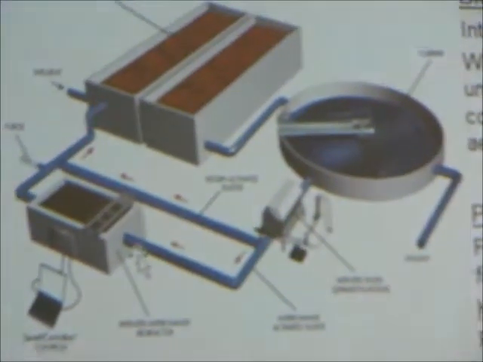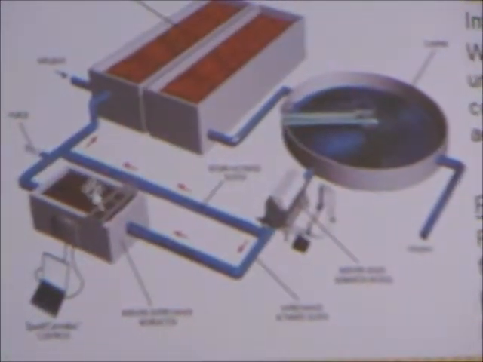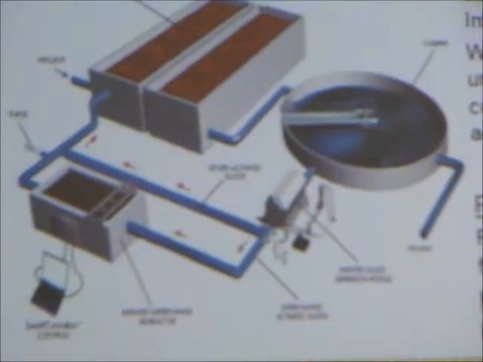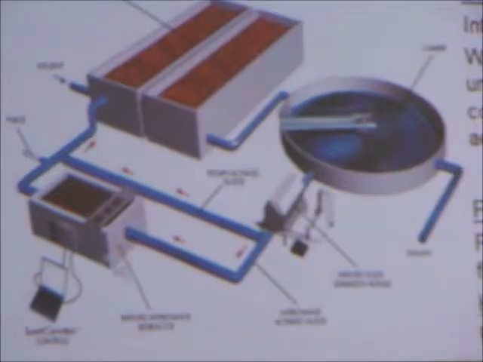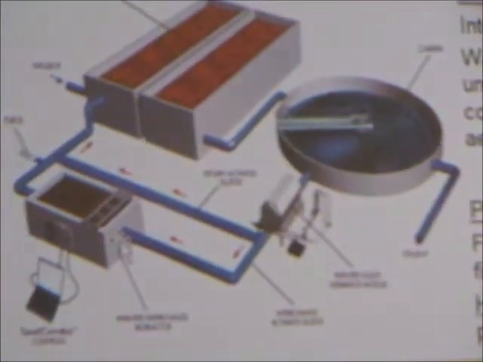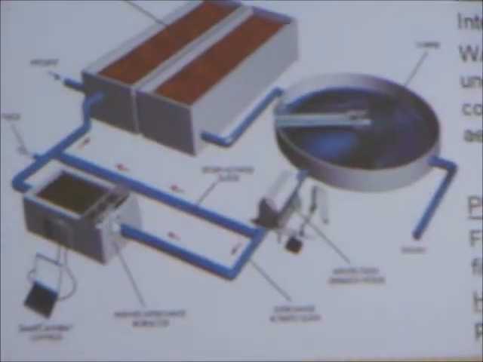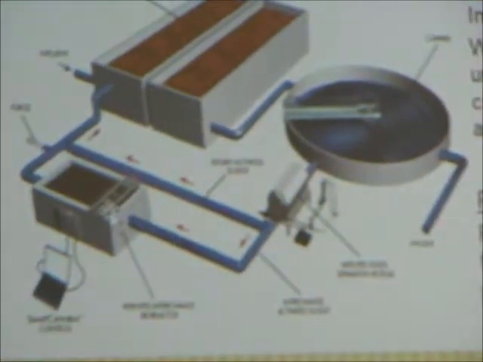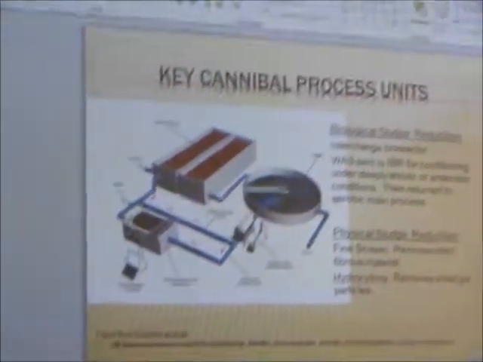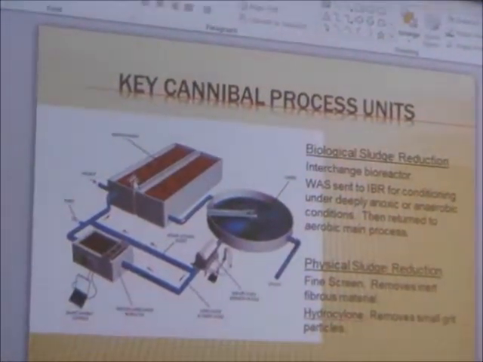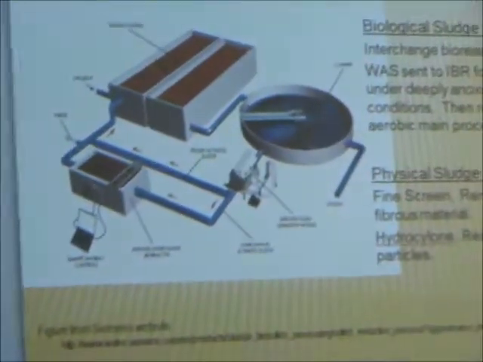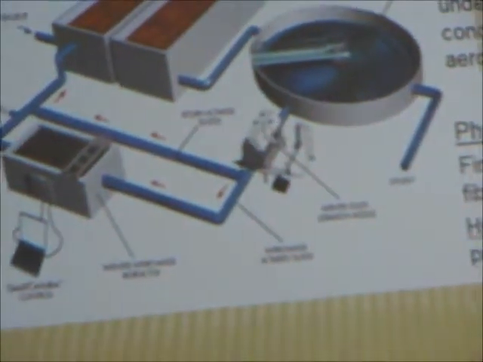It's like an anaerobic side stream, and on a daily basis you're feeding this IBR, this interchange bioreactor, and then you're pushing it back into your aeration system. So the hope being that for the duration it's in here, you get some of that breakdown. Some of those cells will bust apart, and when you decant it back into your aeration basins, your bugs can get at the first step of that solid reduction process that we talked about in the last slide.